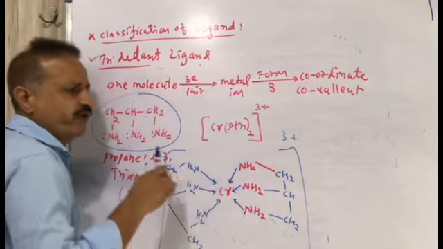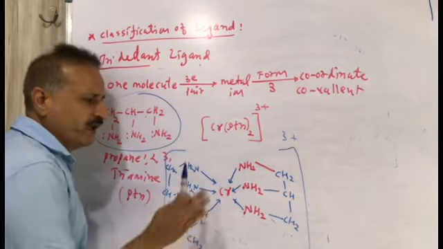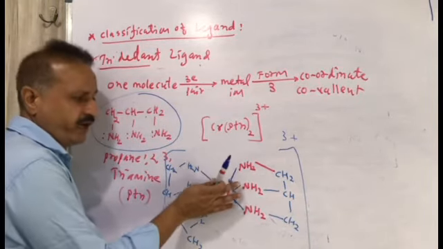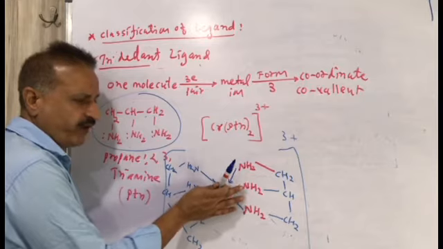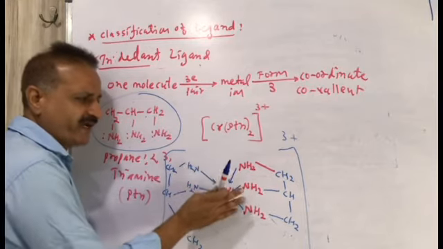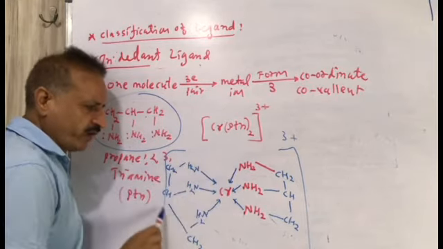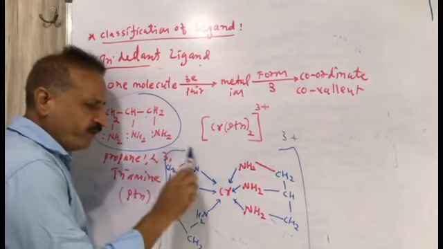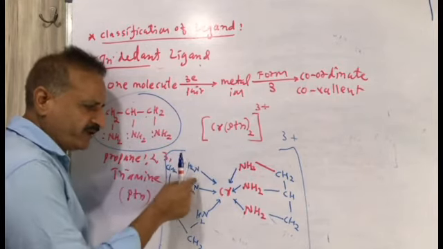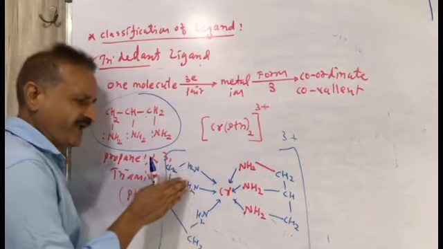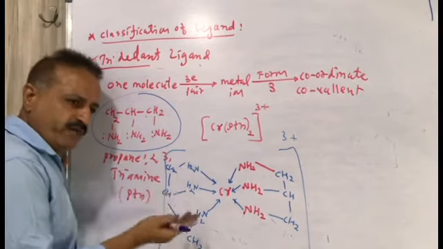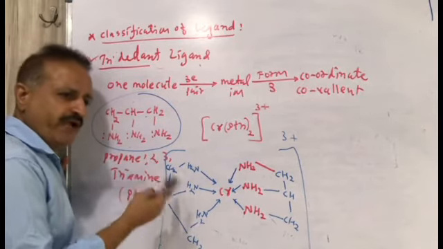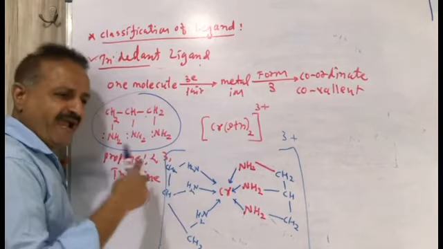The number of molecules is not important. Here total 6 coordinate covalent bonds, but it is not hexadentate. You just concentrate only on one molecule. In propane 1,2,3-triamine there are 3 nitrogens, so it is a tridentate ligand. In ethane 1,2-diamine there are 2 nitrogens, so it is a bidentate ligand.